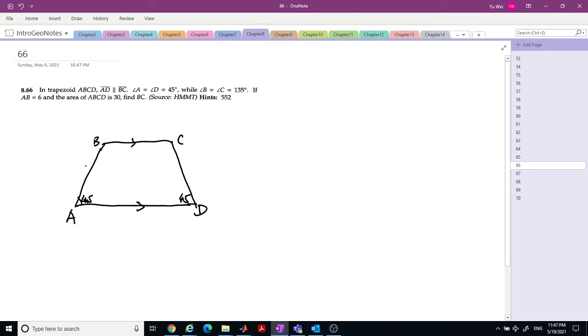If AB is 6 and the area of ABCD is 30, find BC.